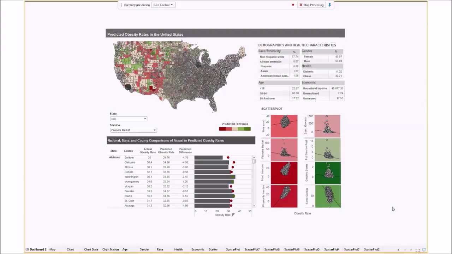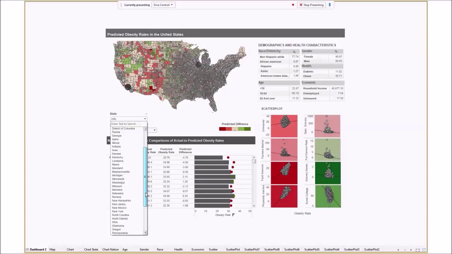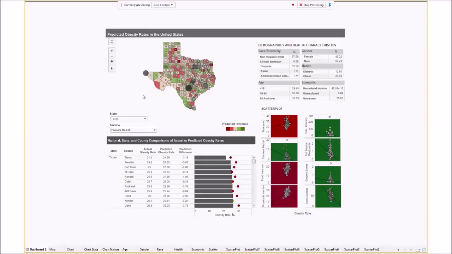So what a user can do is click on a particular state that they're interested in. Let's say, for example, Texas. And the state of Texas will show up with the counties that have a greater predicted increase or decrease in obesity. Also on the map is an overlay of certain services.